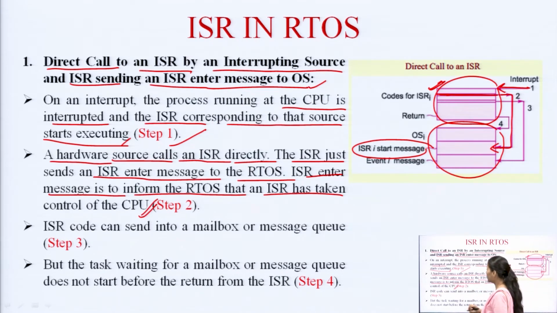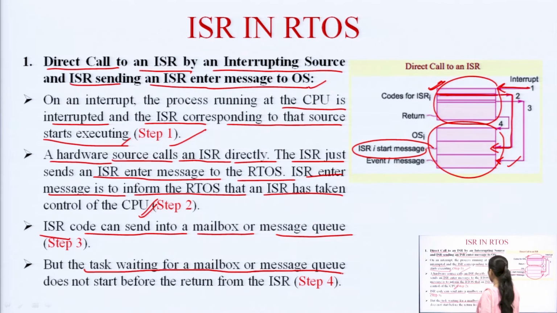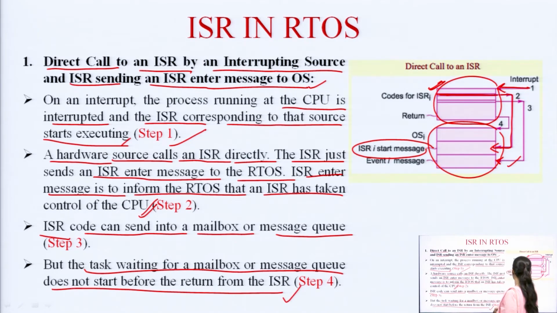Now, we come to the third step, that is the ISR code can send into a mailbox or message queue. So, in the third step, the ISR code will be sent in the message box or the mailbox. But the task waiting for a mailbox or message queue does not start before the return from the ISR.